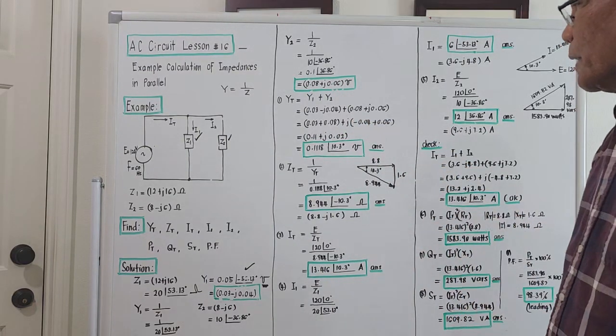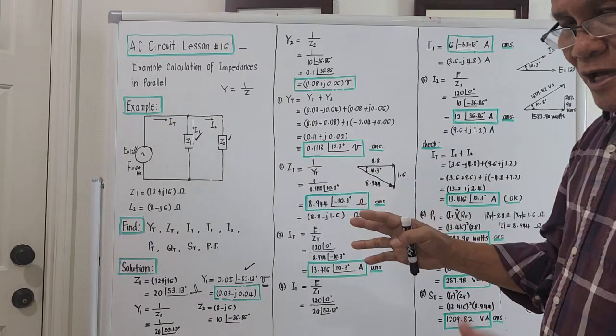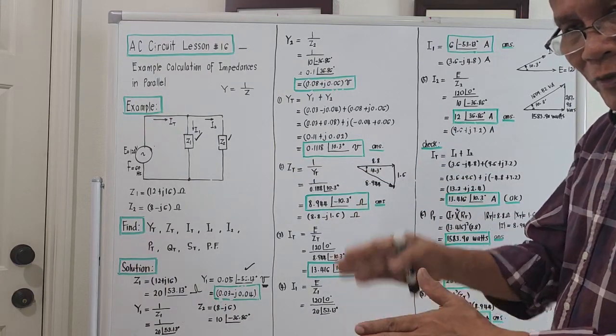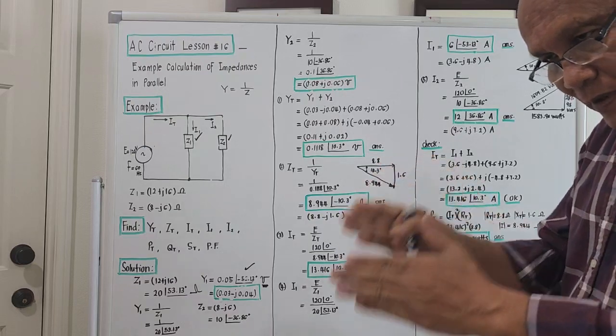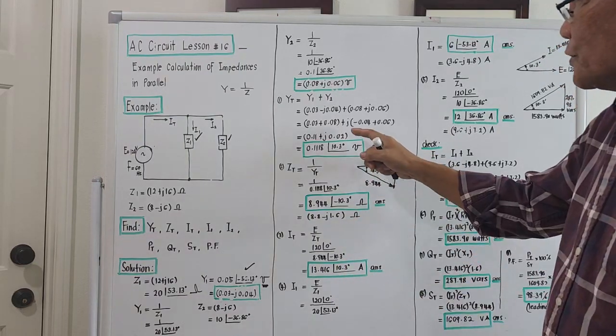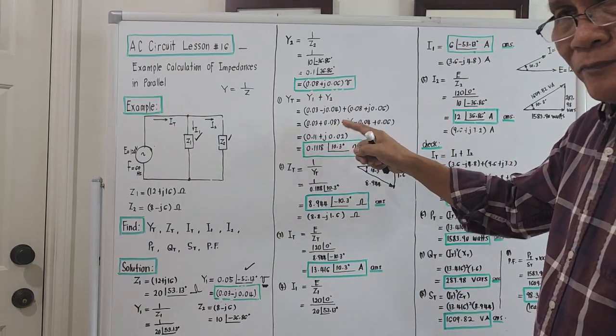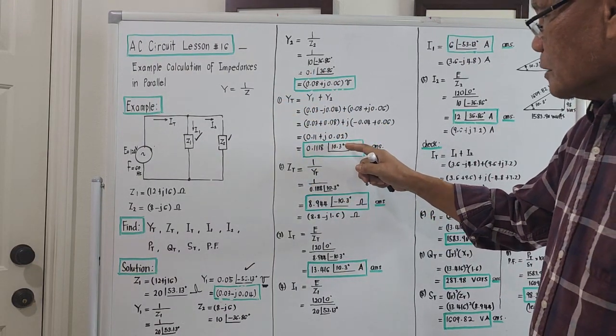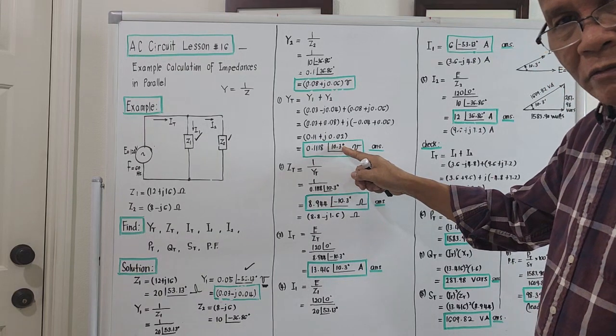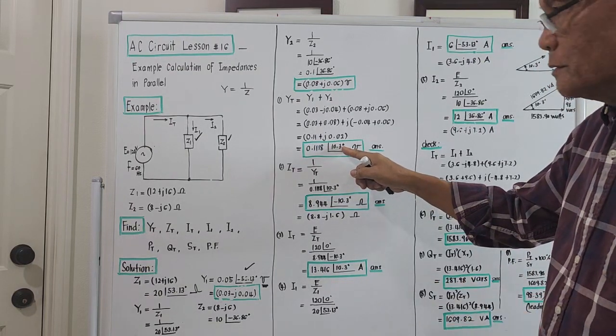Converting to polar, admittances are actually small values because it is the reciprocal of impedance. So just be very careful, right? 0.02 divided by 0.11, press arctangent, what will come out will be 10.3 degrees. Take the cosine of 10.3, it's almost 0.9.